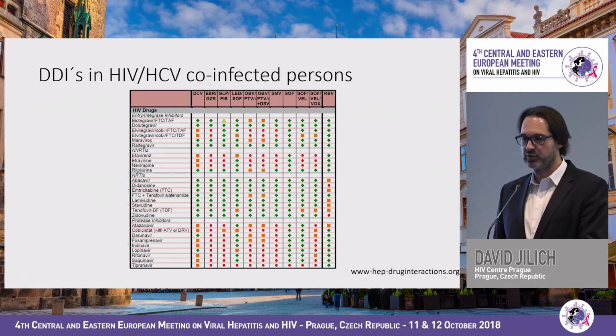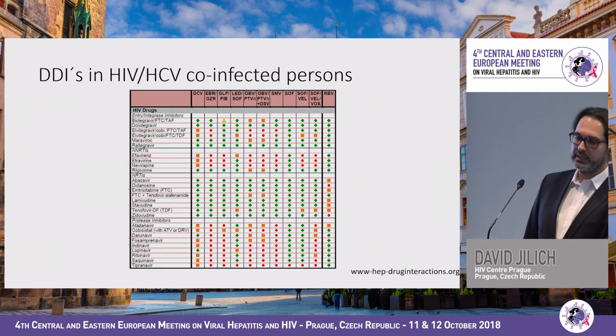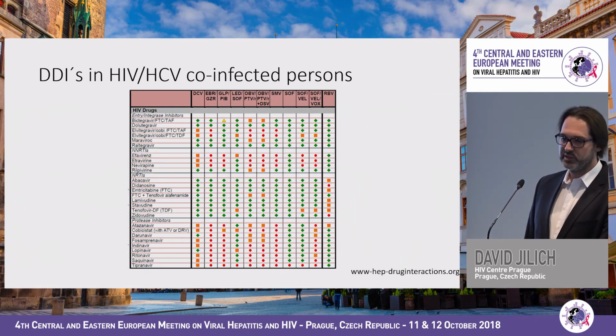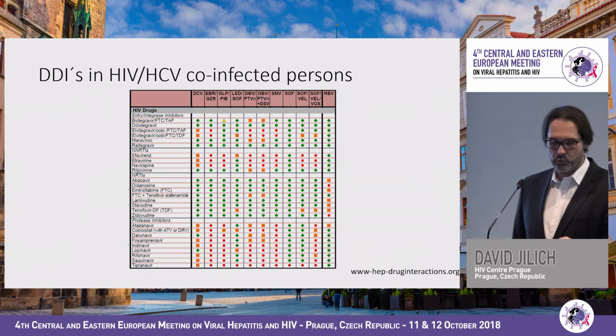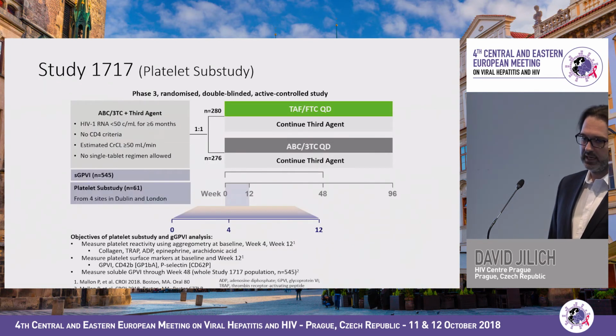Or, if the patient is comfortable and everything works fine, the patient could remain on the new HIV regime even after successfully finishing the treatment for Hep C, which we know right now is limited to 11 or 8 weeks, a very short period of time.